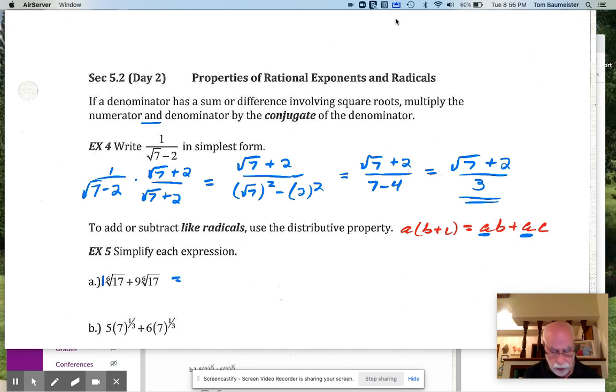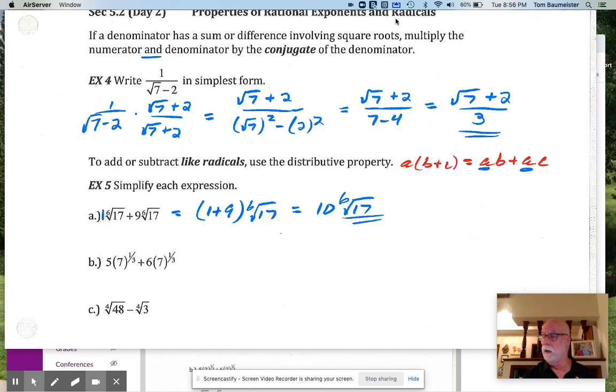So if that's the case, then I can pull out the 6th root of 17, and what I'm left with is 1 plus 9. And again, that'll be the 6th root of 17, and 1 plus 9 is 10. So our answer will be 10 times the 6th root of 17.